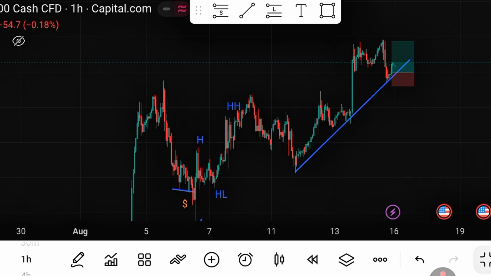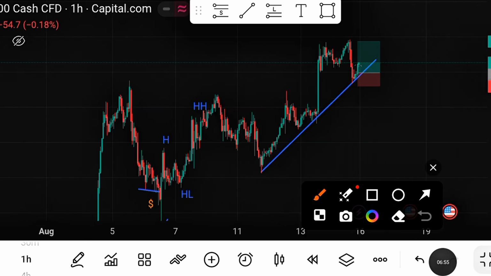The first thing is to see a clear structure, and this structure is clear. This is a low right here, pushing up to give us this high, pushing up to give us another low, pushing up again to give us this higher high, now establishing our structure.